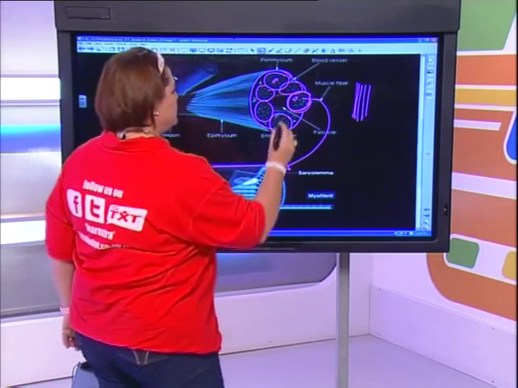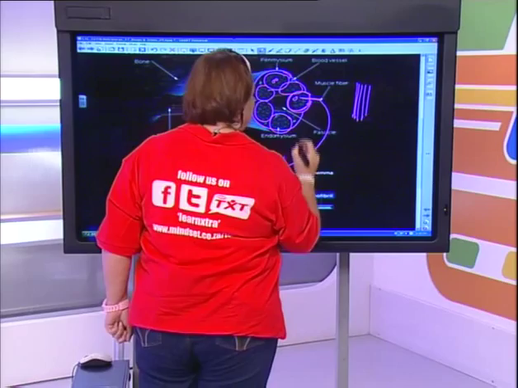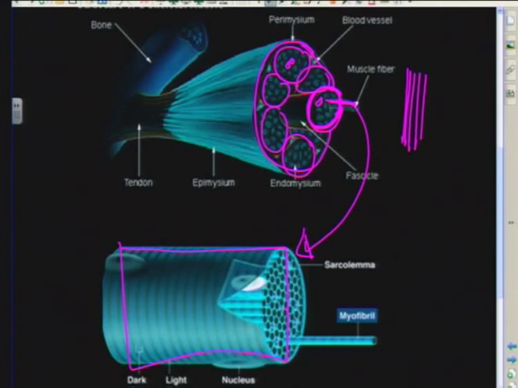A fascicle means a whole lot of muscle fibers, muscle cells, together making one particular fascicle. It's like bone. Remember, one concentric thing of bone was called a Haversian canal. One group of muscle fibers is called a fascicle. So it's like grouping it together.